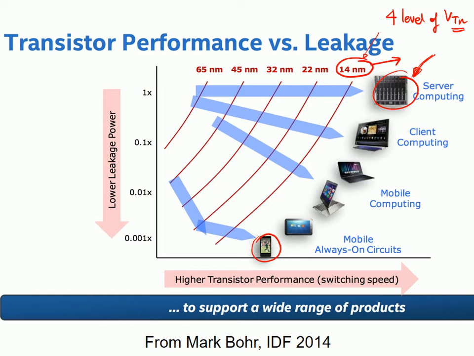So you can have transistors with higher VTN, higher threshold voltages, in order to reduce the leakage power, even if you reduce the performance, and you use them for smartphone class applications. And you can use transistors with lower VTN that have a high leakage power for server class applications, in which performance is the most important parameter. And so CMOS technology had to evolve in order to, let's say, embrace for a single technology different types of applications. Okay, and this is becoming more and more common.